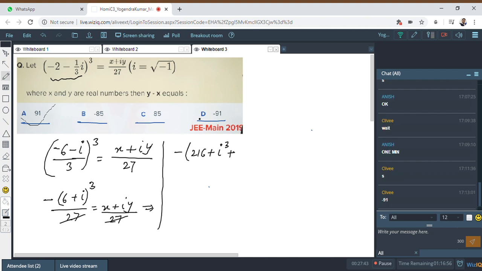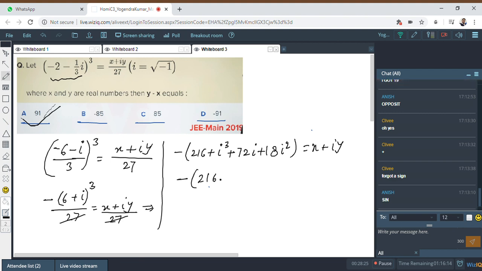Not minus, I think you should get plus 91. Plus 91, just check. These are the mistakes which we need to remember, that's all. 3b square means 72i, then plus... okay, fine.